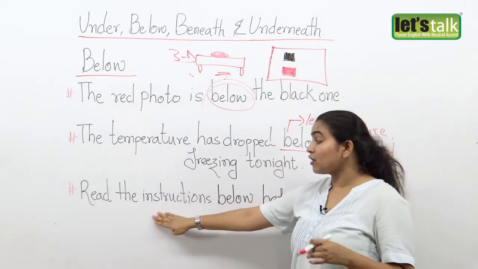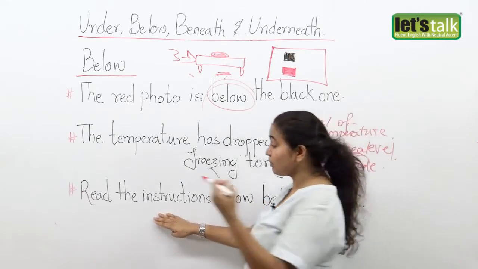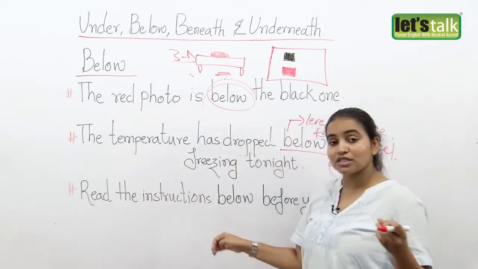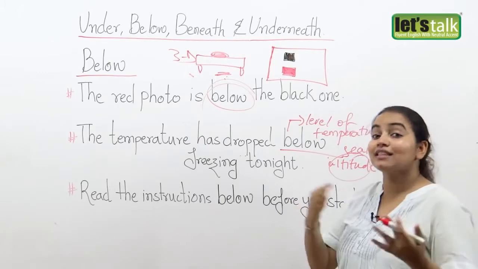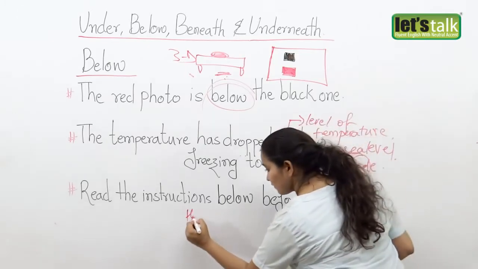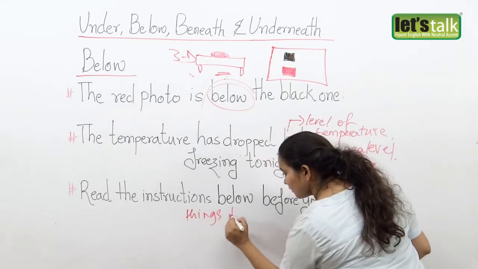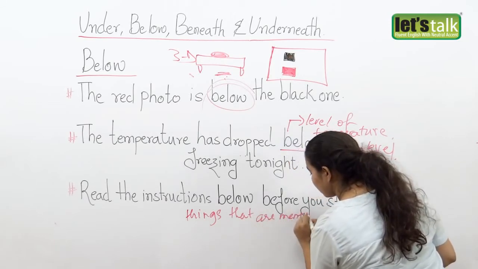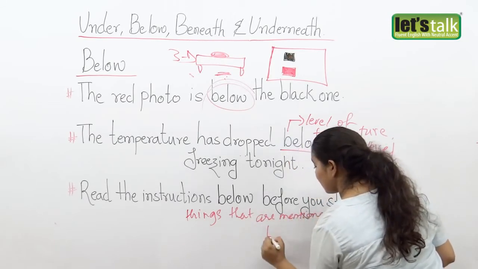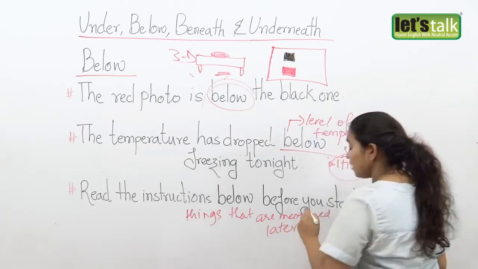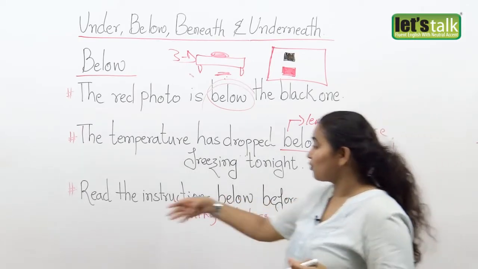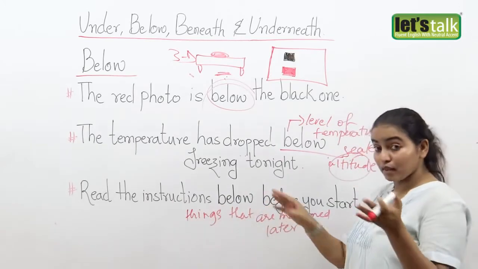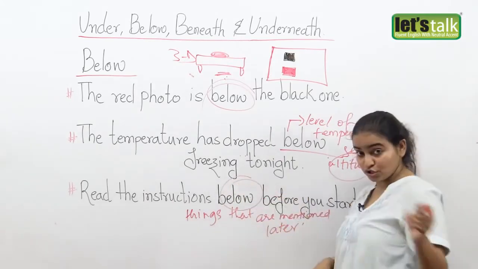And then you have the last context where you use below when I talk about things that are mentioned later. So let's see a sentence which is: read the instructions below, not under.